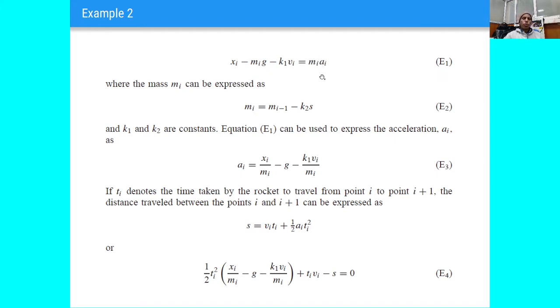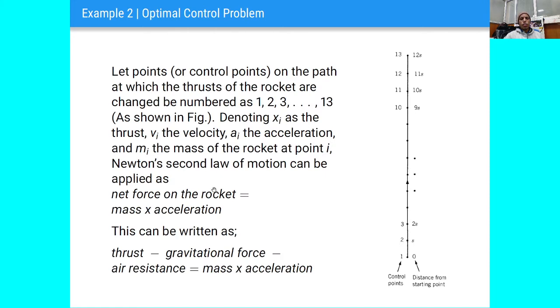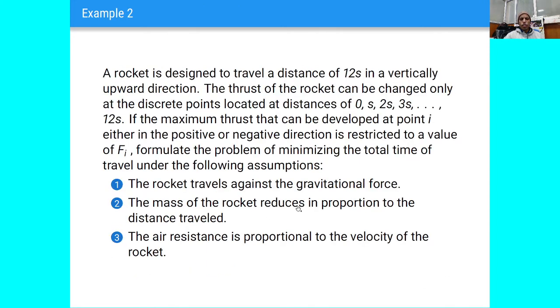Okay, because we are talking about any control point ranging from 1 to 13, and because the mass is reducing at each stage, we also have to consider the mass reduction factor.